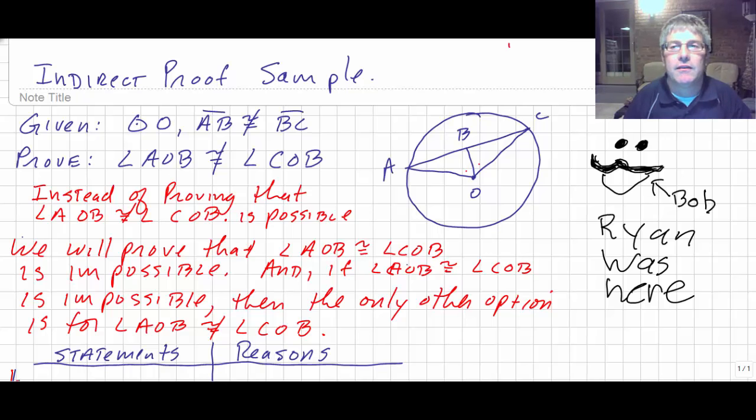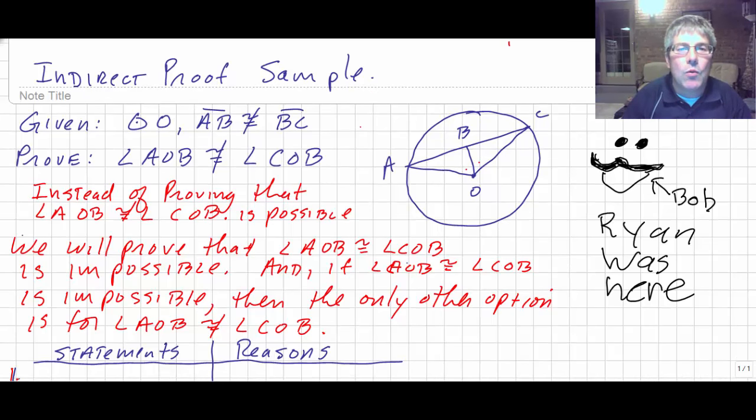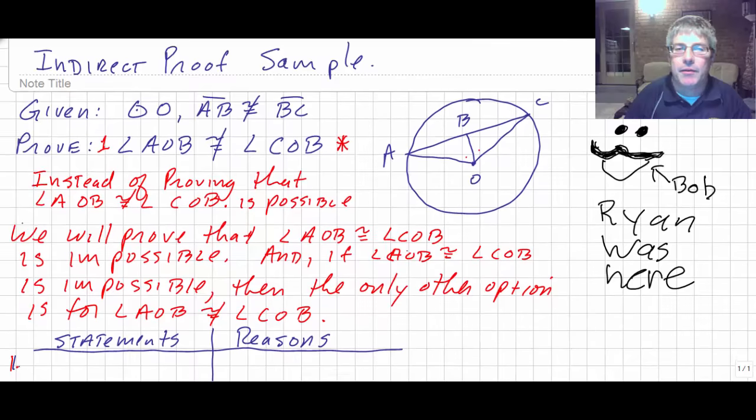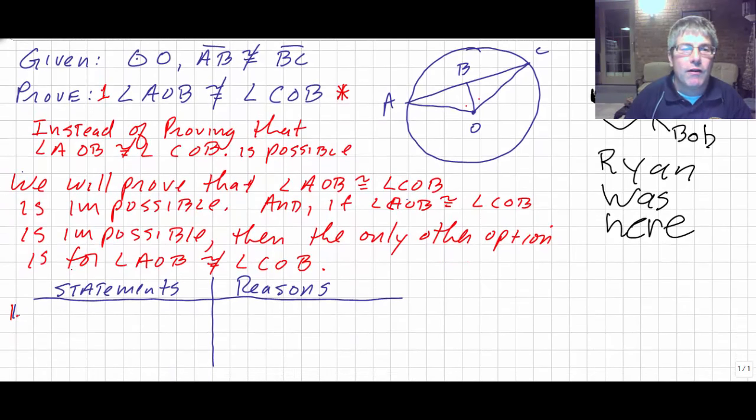So let's take a look at this. In our notes we talked about how we begin with the opposite of what we want to prove. This really is step 1 in our proof now. It's not the last step, but it's the first step. And we're going to start with the opposite of that. So our first step is that angle AOB is congruent to angle COB.